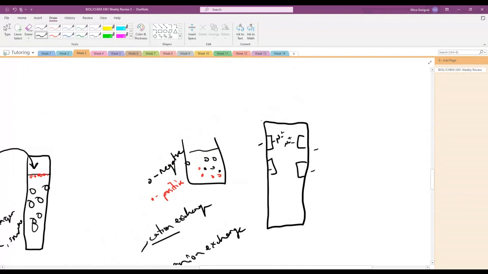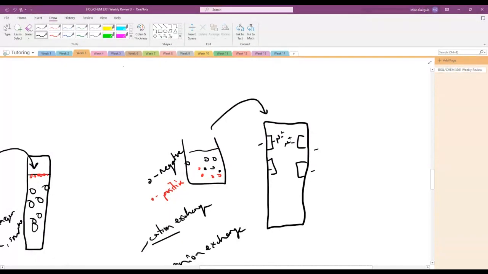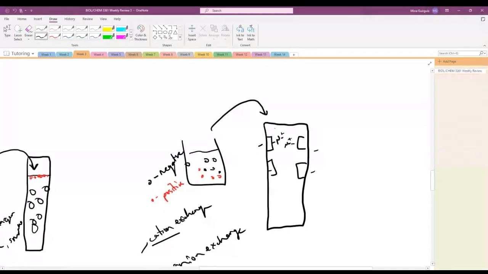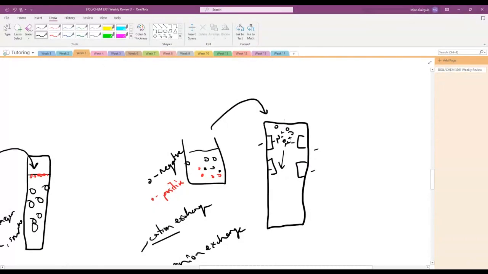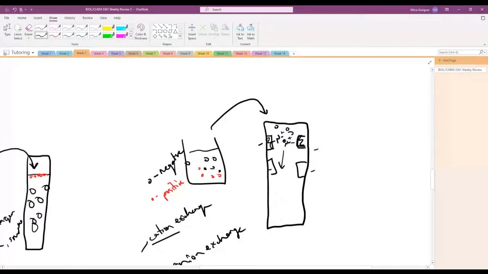Now I'm going to pour my solution in. The negatively charged solute that I want, these black beads, are going to pass straight through. Why? Because they're negative, this thing is negative, so they're going to repel each other. So if I grab a cup, I can collect exactly what I want.